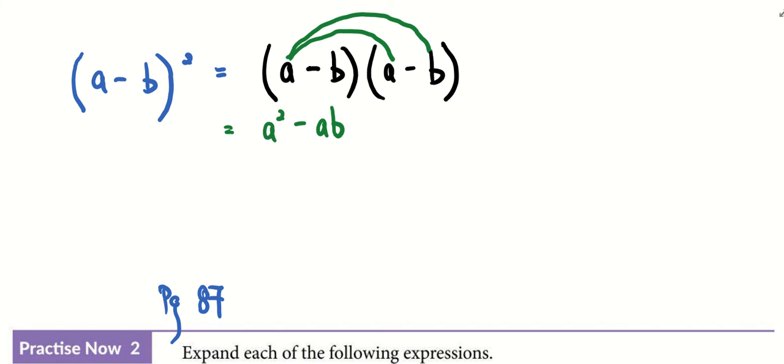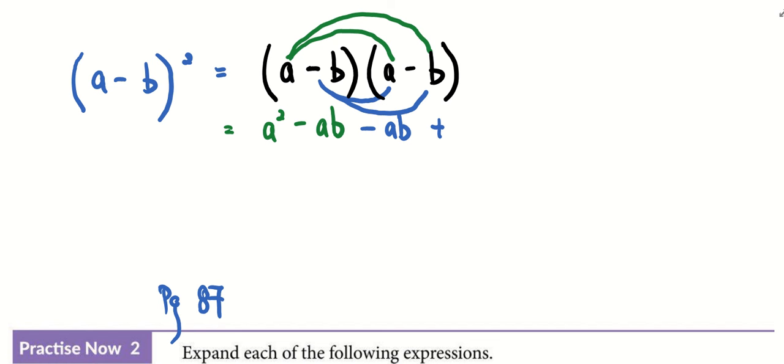Then we kick off with the second one. Second term is a negative B times A, negative B times negative B. Negative B times A gives us a negative AB. Negative B times negative B. Will we get positive or negative? Positive. You can use the calculator if you want to. So you have a negative 1 times negative 1, you get a positive 1.